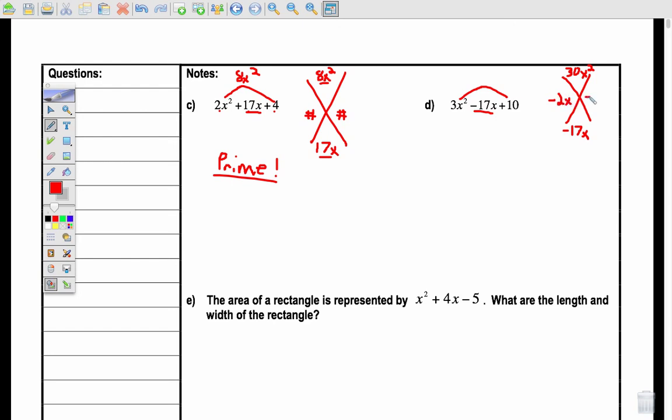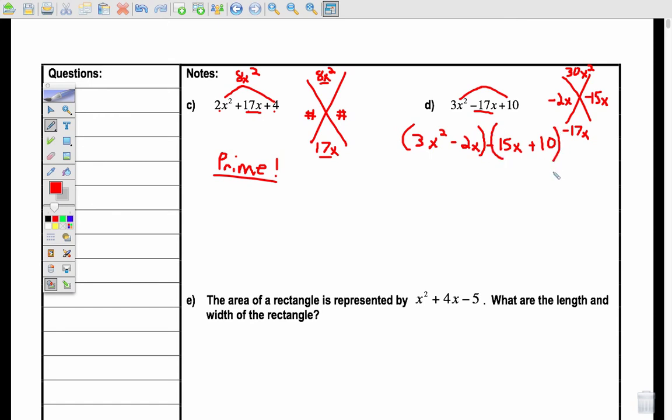I'm thinking this is going to be negative 2x and negative 15x. Negative 2 times negative 15 is 30. Negative 2 minus 15 is negative 17. Yes, that's what I'm replacing it with. So rewrite this: 3x squared minus 2x minus 15x plus 10.